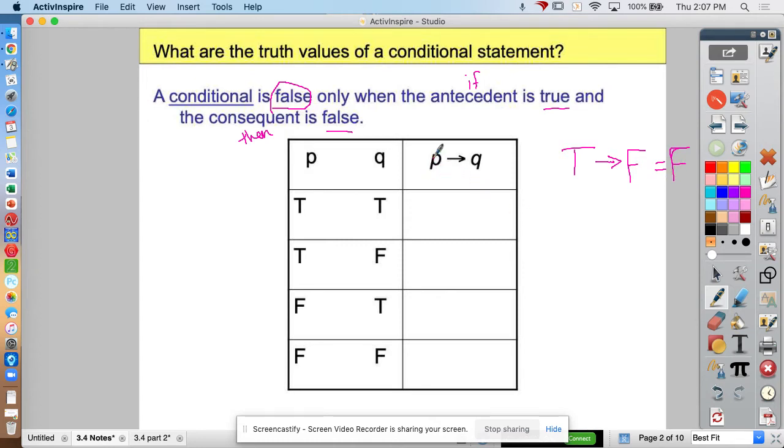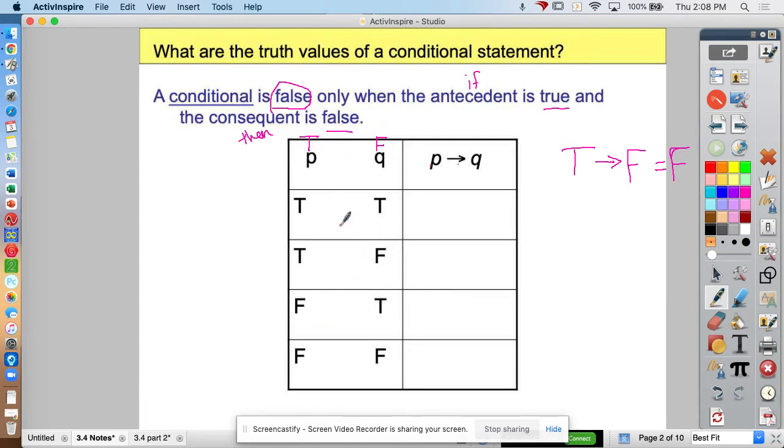So in this case, P is before the arrow, so P has to be true. So I'm going to come over here to the P column and put a true above it. Q comes after the arrow, so I'm going to come over here to the Q column and put a false, and this is what has to happen in these particular columns.